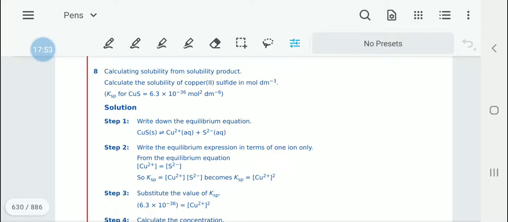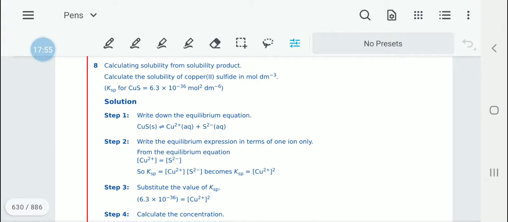Now going to solubility from solubility product. They have given the solubility product, you find the solubility. So they will ask, calculate the solubility of copper 2 sulfide in mole per cubic decimeter. You have Ksp for copper sulfide 6.3 × 10^-36 mol^2 dm^-6.